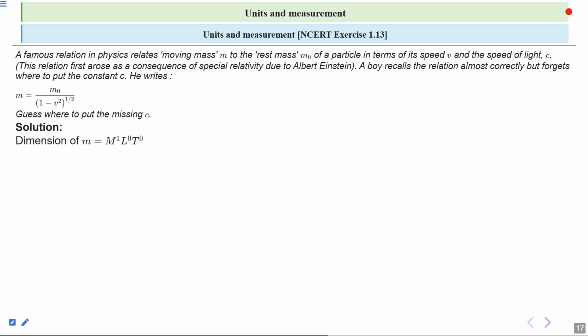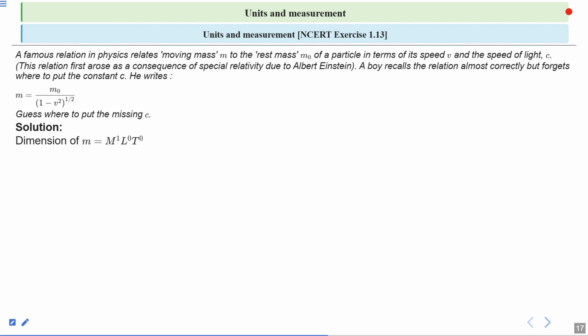So what is the basic idea? The dimension on the left side and right side should be the same. The dimension on the left side is M to the 1, L to the 0, T to the 0. There is already one m0 here, so it will have the same dimension. So the denominator should be dimensionless. If the denominator is dimensionless, we will get the answer correct.